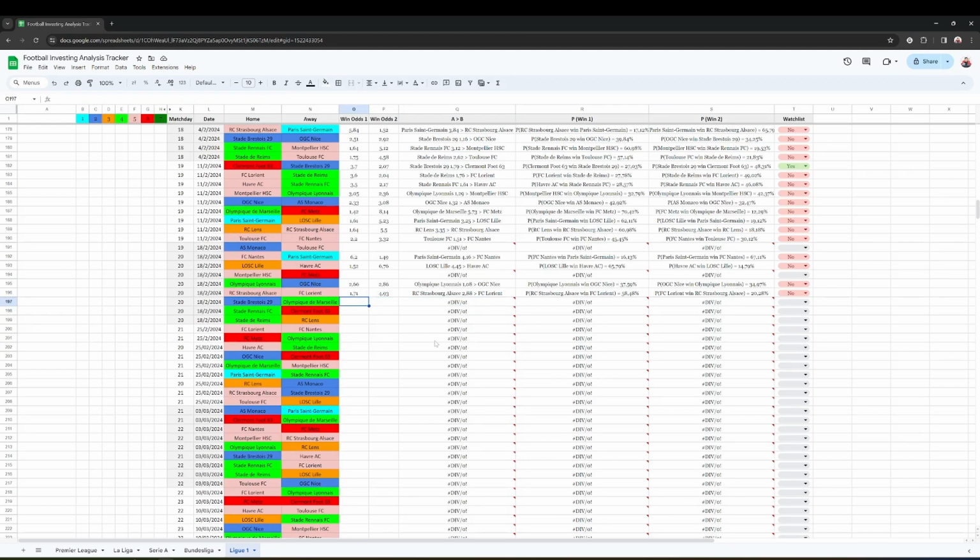Monaco against Toulouse. Maybe I'll get back to it. Monaco against Toulouse. Yeah, it's 1.5. Fine, it's fair. This one is correct. Montpellier against Metz. Yeah, 178 for 76.